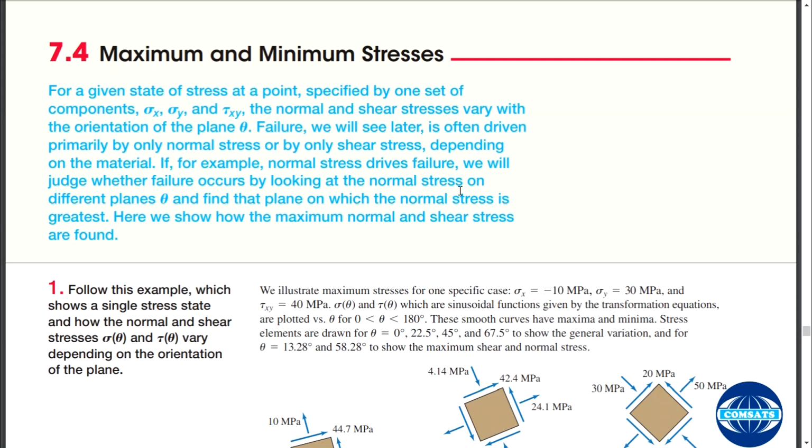Then we found the plane on which these maximum shear stresses are going to be applied. Then later on we found the maximum axial stresses and the minimum axial stresses, and then we found out the plane on which maximum axial and shear stresses are going to be applied. Got it?